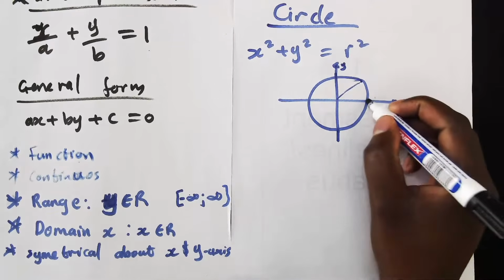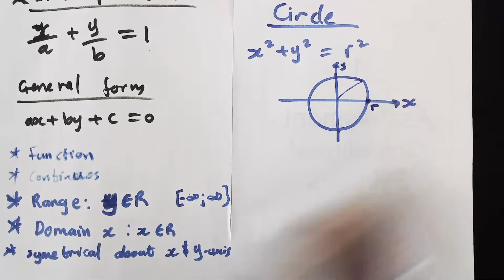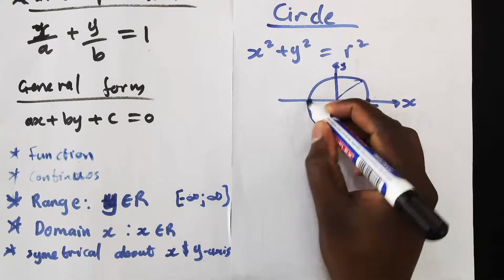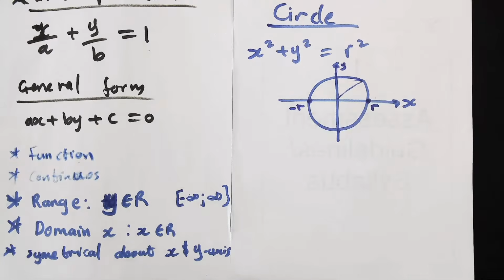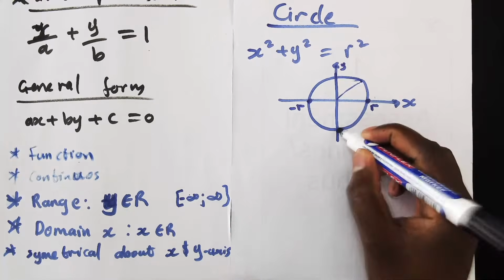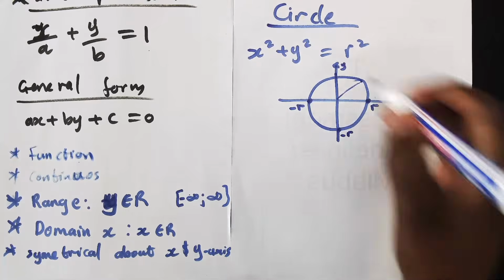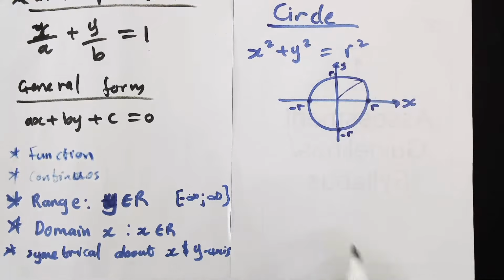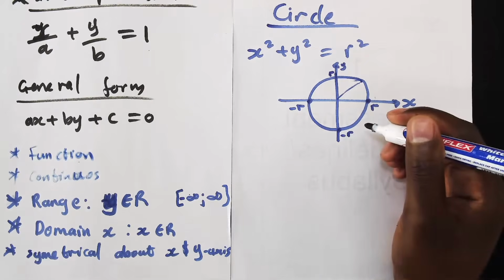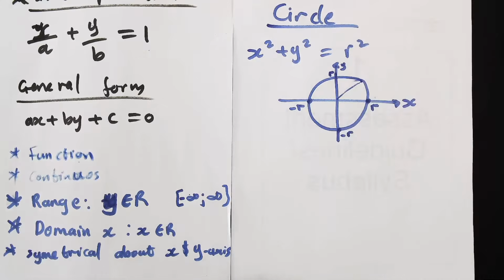So let's say, for example, we note that here it will be r units to the right, negative r units here, and positive r here. When we plot those, sometimes we can use x and y, so I'm just using the radius r there.